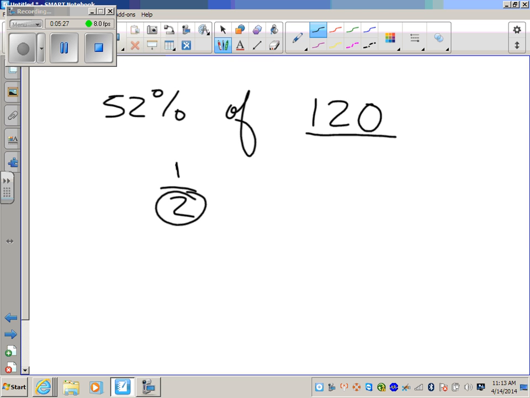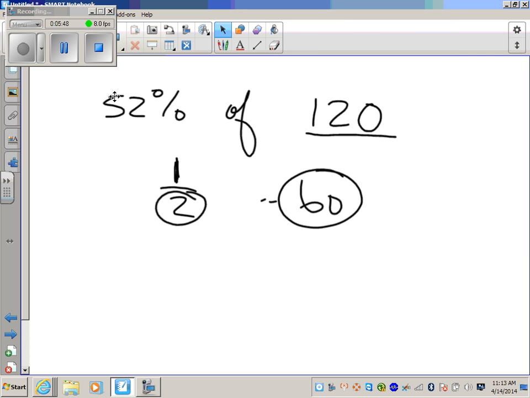How many 60s do we need? One. It equals 60. Bear with me. It's a process. You'll get it as we go through more examples.